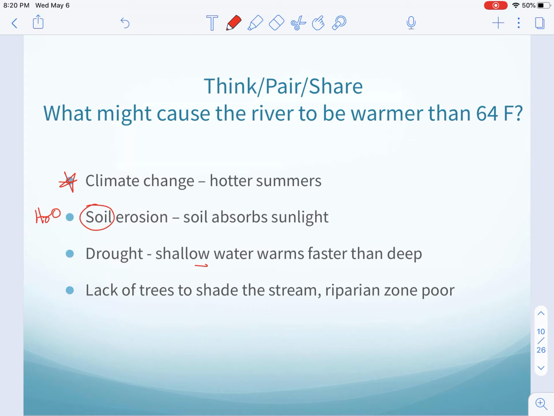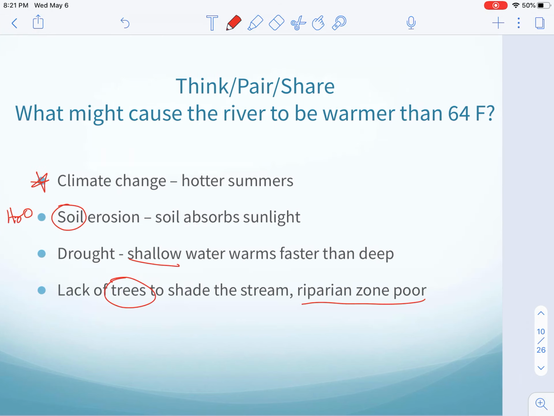Lower water heights heat up a lot faster. And then again, if we are messing around with our carbon cycle and moving where trees are, usually there's a good amount of vegetation near a riverbank, but we like to clear that away so that we can see the river. That's going to have a huge impact on the temperature of that water as well.